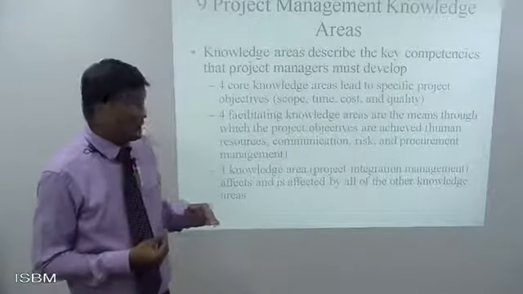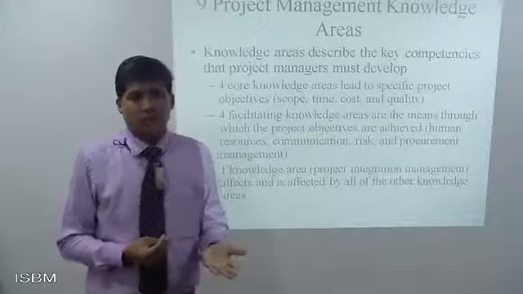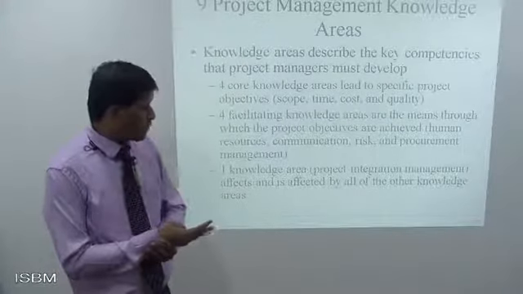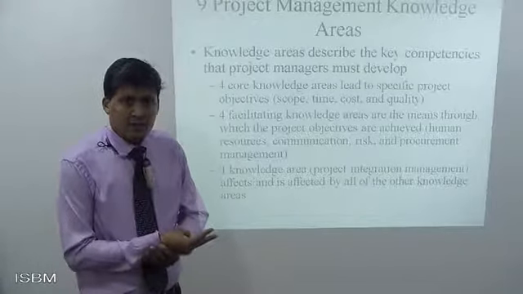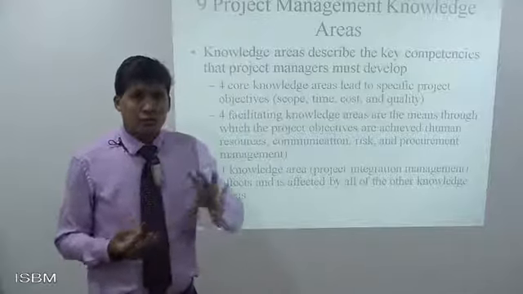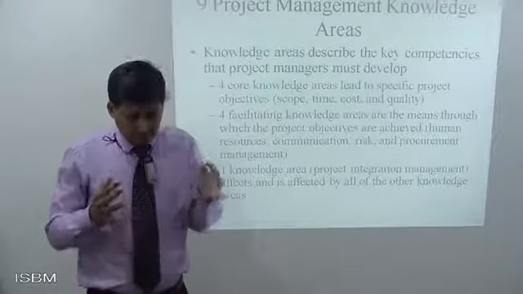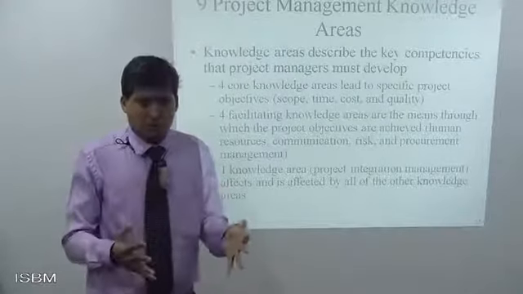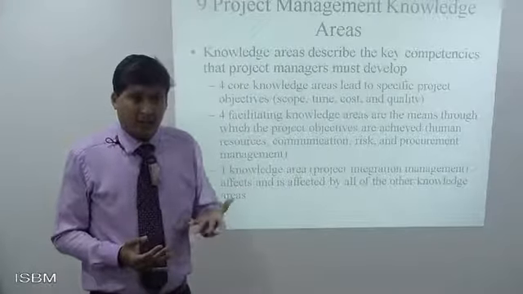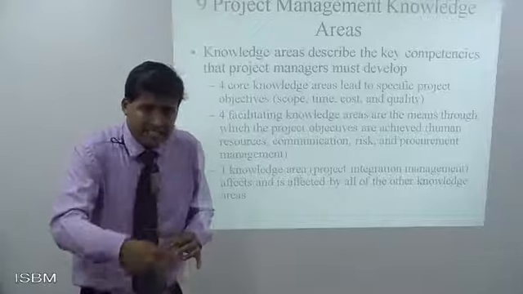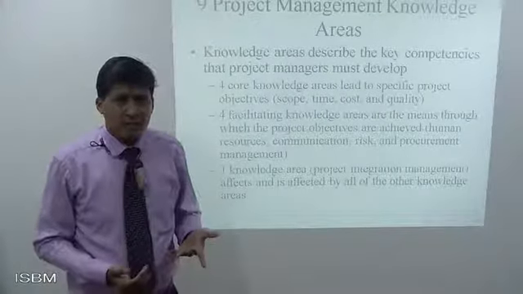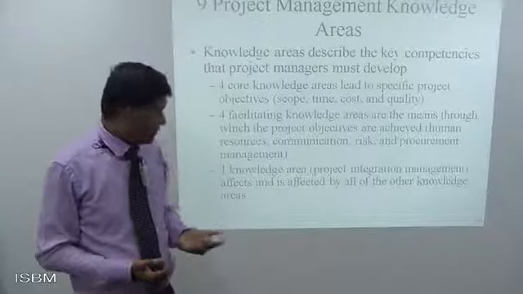Second, 4 are facilitating those knowledge areas, and those facilitating are human resource, communication, risk and procurement management. The first 4 are basically the processes, that is scope, time, cost and quality. The next 4 knowledge areas are facilitating those processes: human resource, communication, risk and procurement.